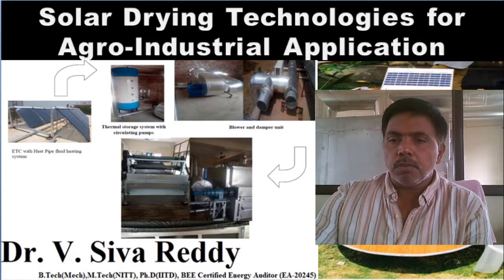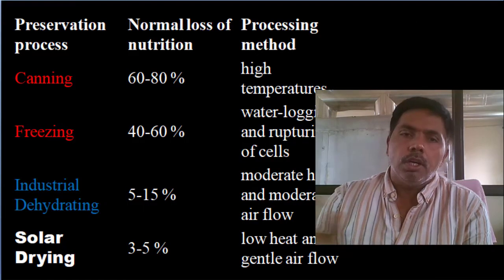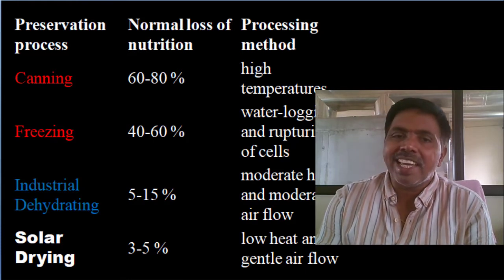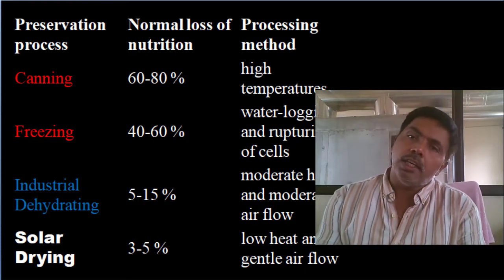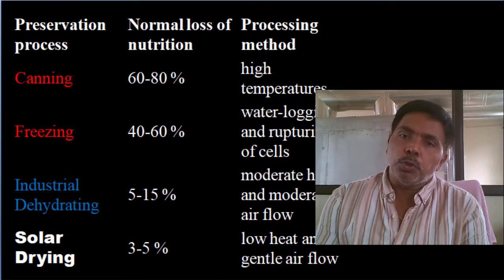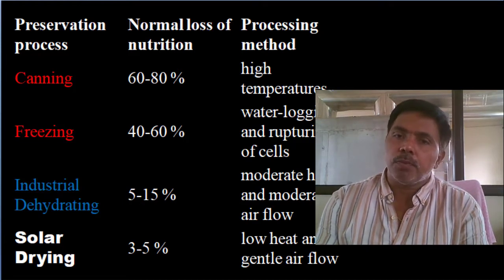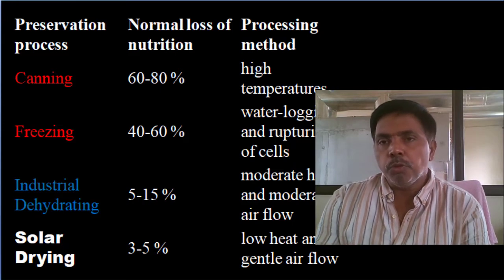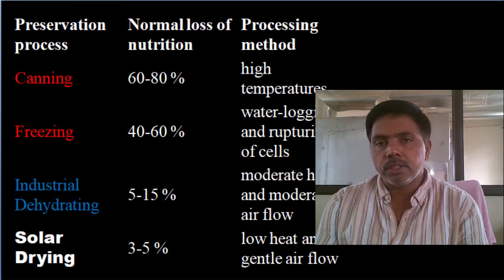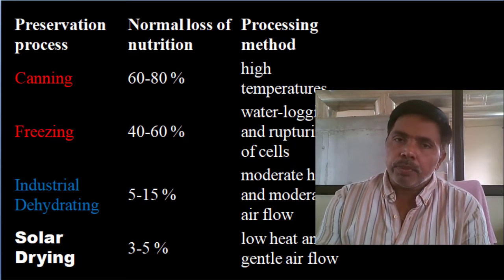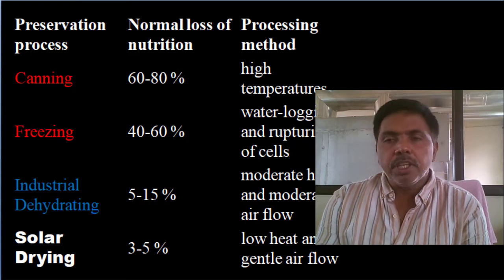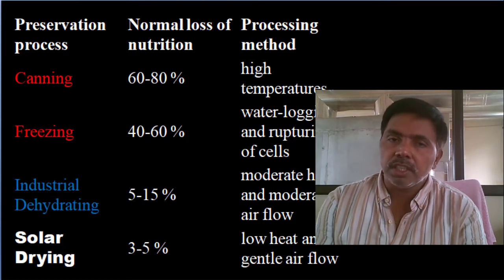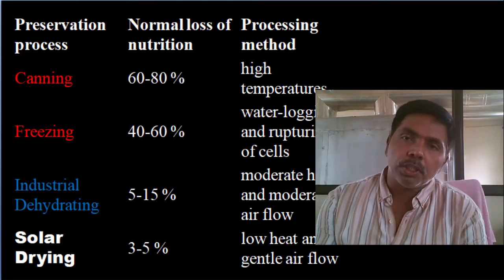First of all, what are the methods of safe storage? First method, canning, means heating the product to 120 to 140 degrees temperature, then storing it in aluminum foil sheets. You can store the product, but 60 to 80% of the nutrient loss will occur because of the heating.